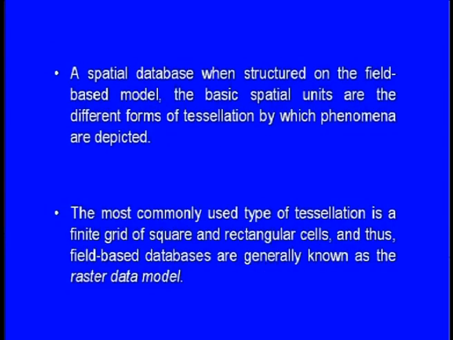When a spatial database is structured on the field based model, the basic spatial units are the different forms of tessellation by which phenomena are depicted. The most commonly used type of tessellation is a finite grid of square and rectangular cells, and thus field based databases are generally known as the raster data model.